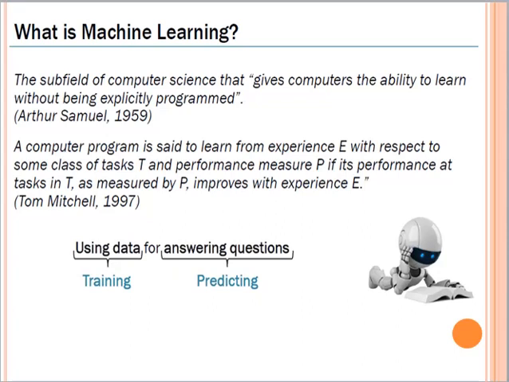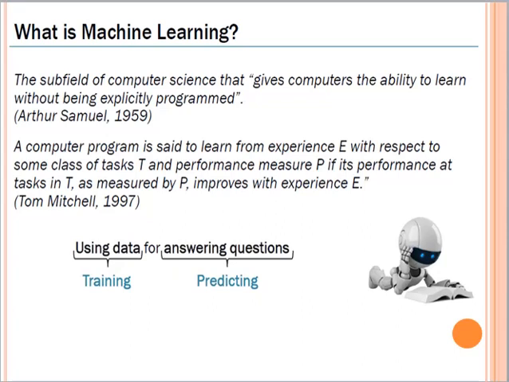We don't want the systems to be explicitly programmed for some task. That's why we are saying that we are basically making our systems intelligent, or we are putting intelligence into the computers. So this is the formal definition of machine learning.